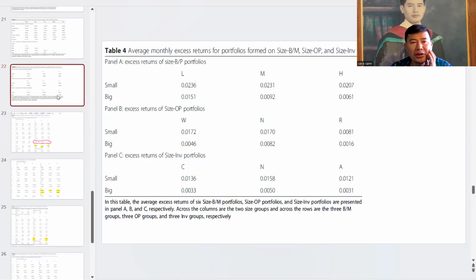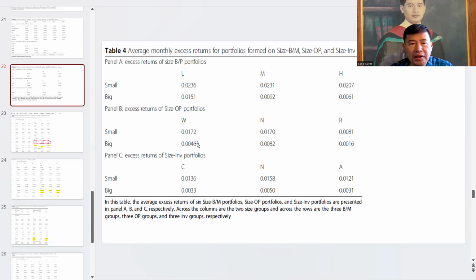This one is about excess return on size relating to the t statistic. It is supposed to tell us about the t statistic too in this one.